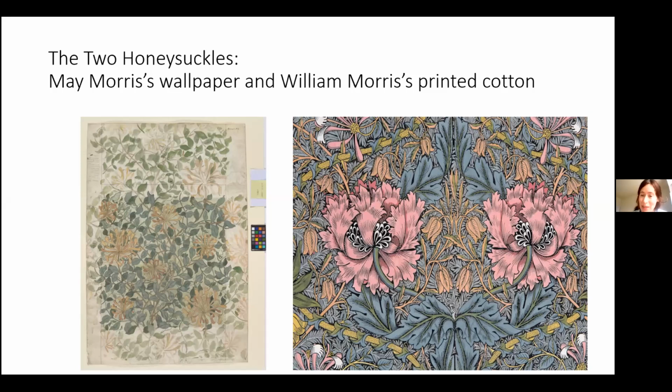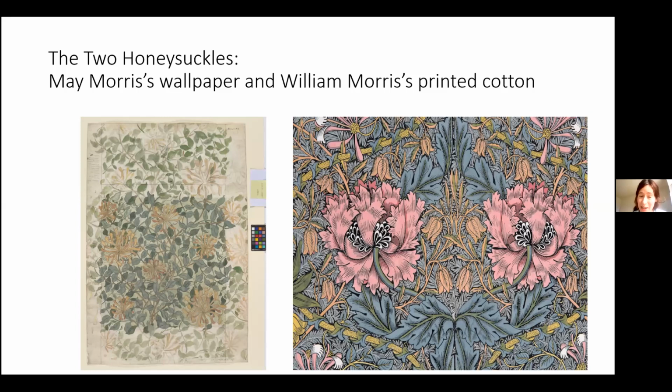So since the Society was formed, we've known about Honeysuckle, but I think in more recent years, it's become more popular, and awareness of this design has definitely increased, which is really lovely. I think firstly, there's been those touring exhibitions, as I mentioned, around several countries, including Scandinavia and Iceland, that's had Morris's Honeysuckle.